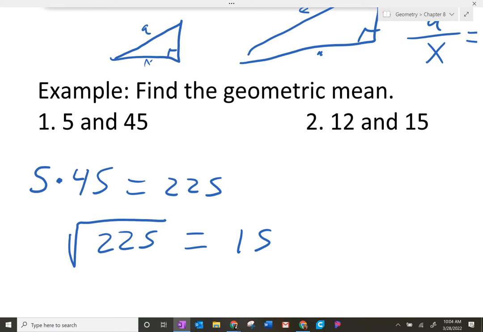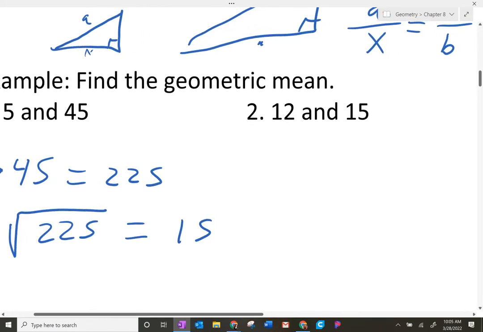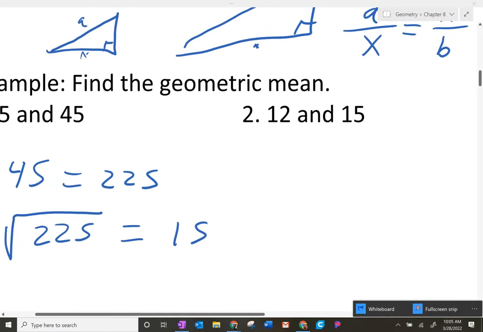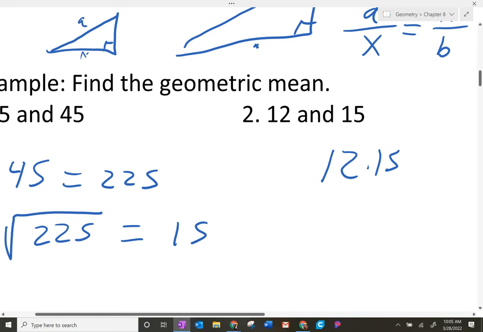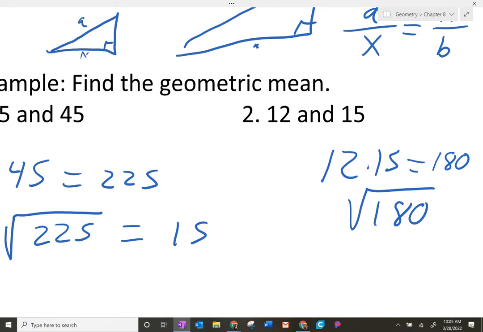All right, so somebody talk me through the second example. I've got 12 times 15. 12 times 15 is going to be 180, perfect. So that equals 180. To get the geometric mean, I'm going to take the square root of 180. You can give me a decimal for this if you like. If you want to leave it as a mixed number, you can.